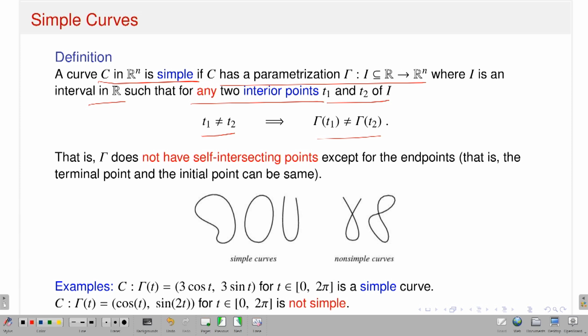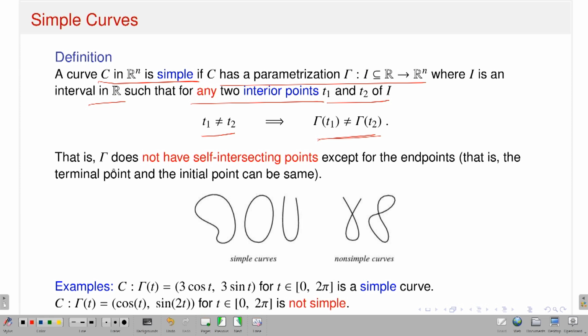That means if I have a curve in Rn with a parameterization gamma, I will say that this curve is simple if, taking two distinct interior points, gamma is injective, or one-to-one.